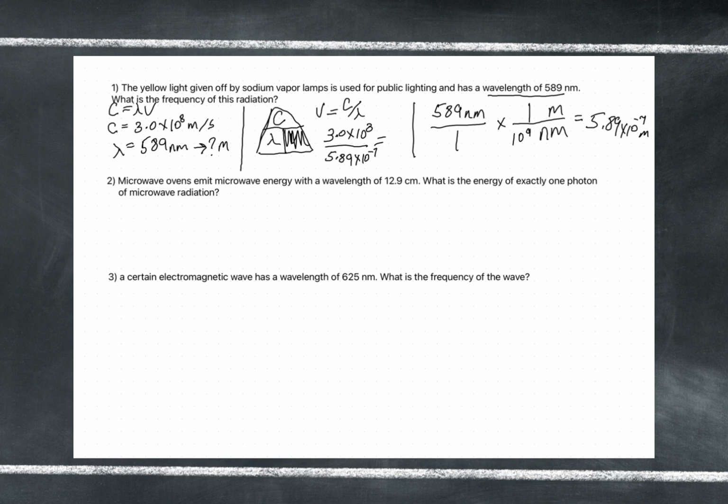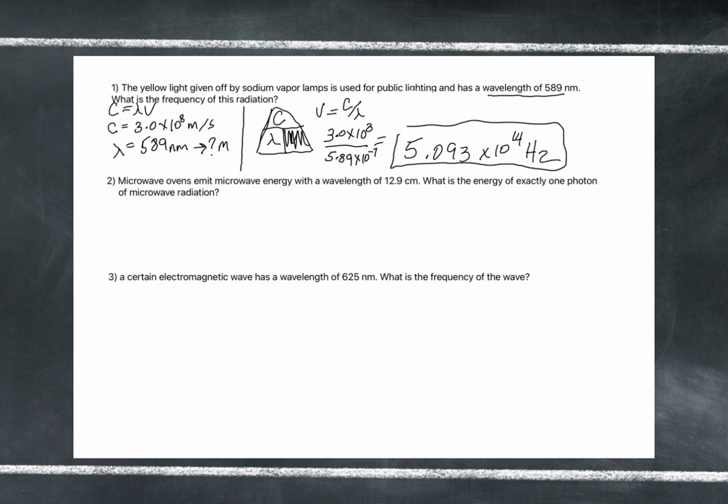I'm going to have to erase some of this over here, so here we go. And I get my frequency, which is 5.093 times 10 to the 14th hertz. And that would be my frequency.